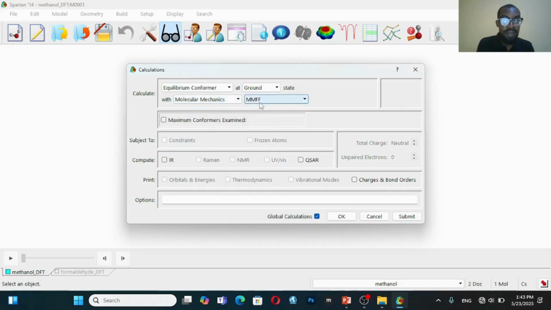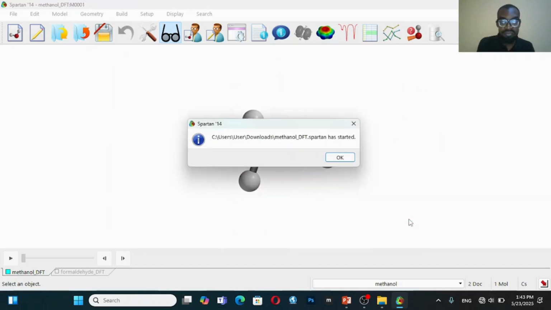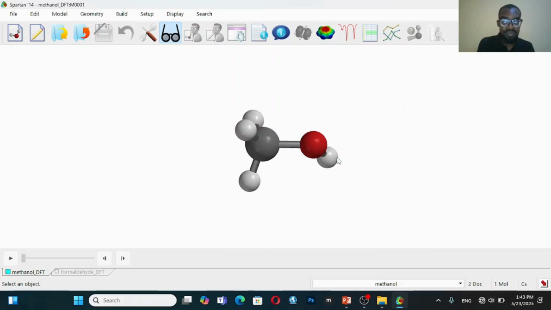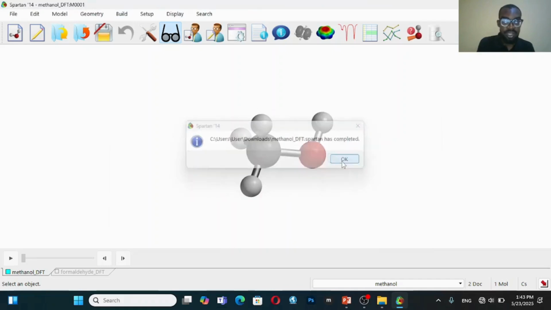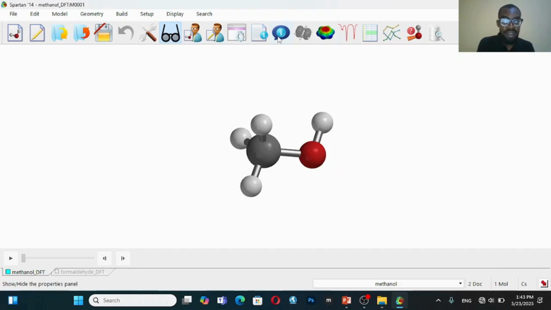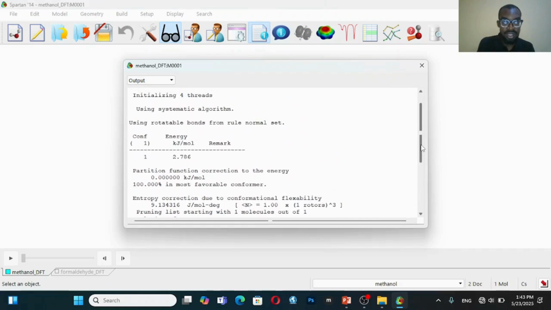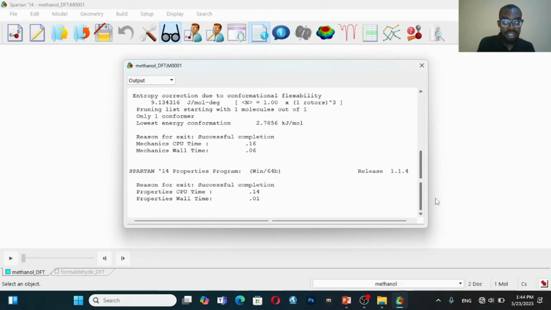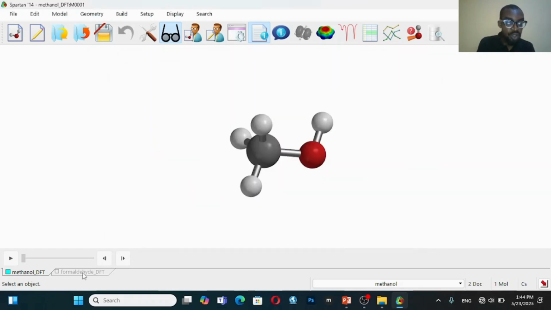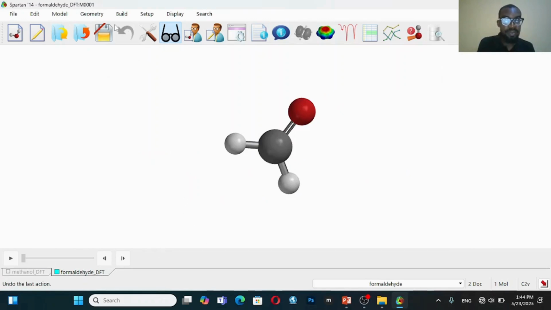We often want to use molecular mechanics, and click on this, and you can simply submit. Good. Now it has completed. So this structure we have is our equilibrium conformer. I can even click on it to see that. It gives us the output and tells us that this is the lowest energy conformation, and that is the optimized structure.